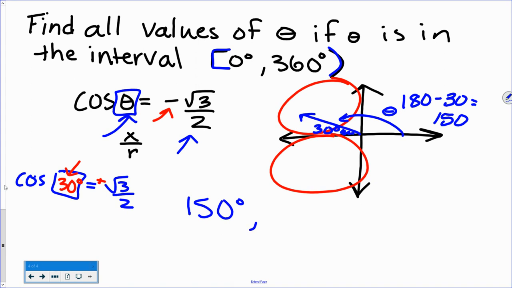The other one comes in quadrant 3, which would also be 30 degrees below the x-axis, because that would be the reference angle for landing in quadrant 3. So to find theta, I need the angle that goes all the way to 30 degrees past 180. That would be 180 plus 30 for 210 degrees.